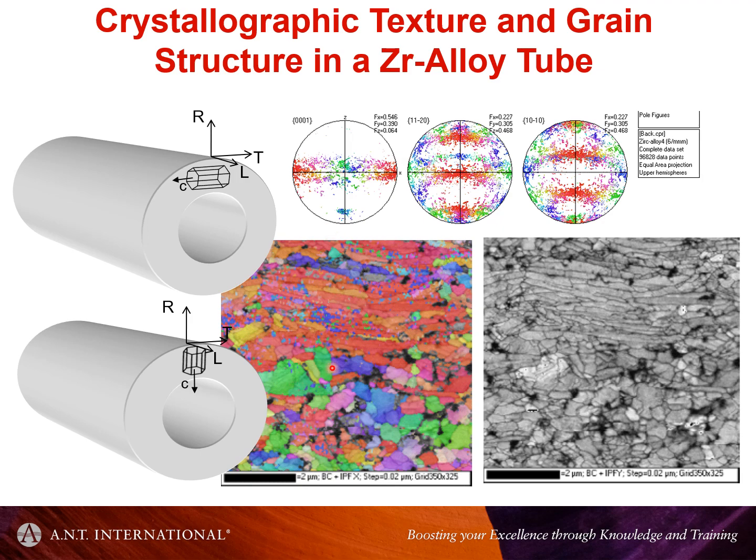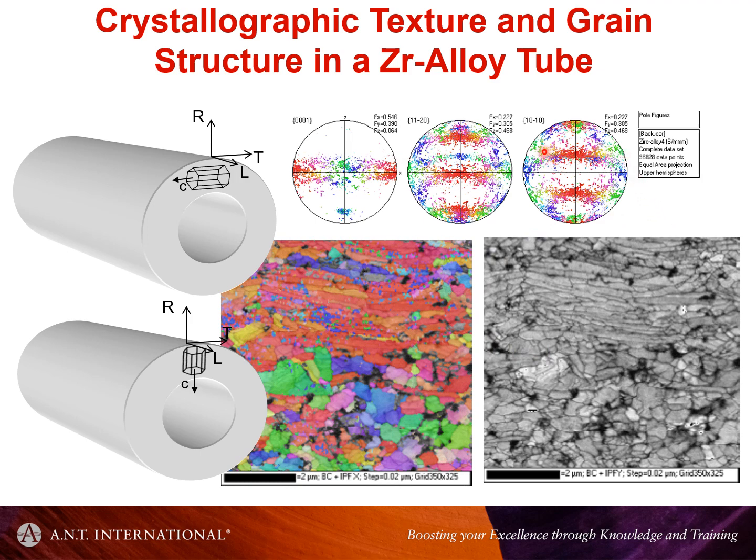So these green and blue grains correspond with this region of the pole figure. And the red grains are out towards the transverse direction, which are more like this direction. So the green and blue are oriented a bit like this, and the red are oriented a little bit like this.